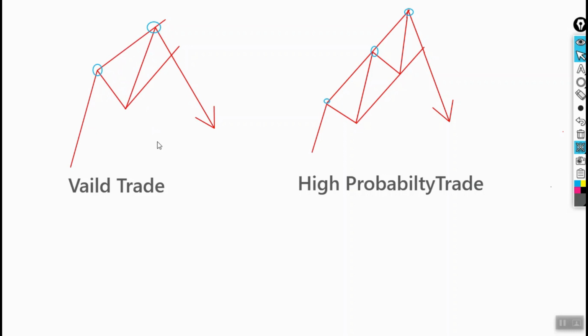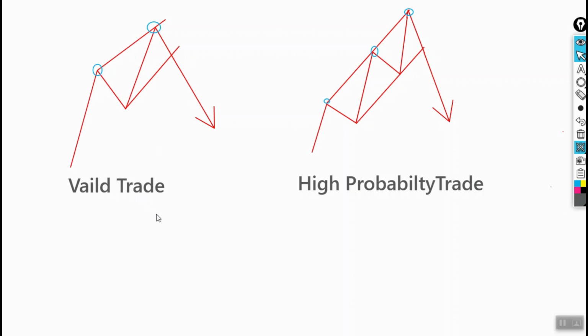Sort of like the double top or the double bottom. Same thing here, where a rising wedge has two touches at the top and you may or may not decide to enter here. But the disadvantage about valid trades is that they are not high probability setups because it's only two touches.